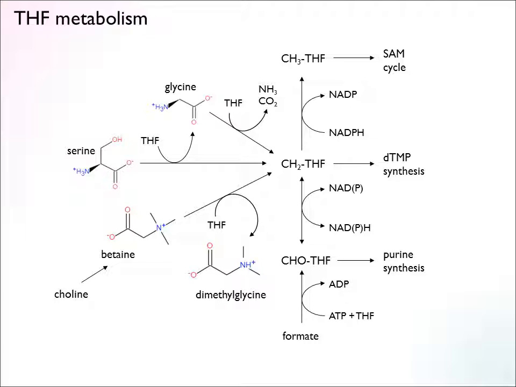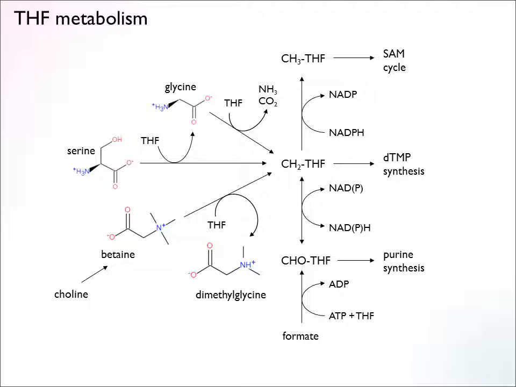As we also said, the folate-bound 1-carbon units are used in nucleotide synthesis. And so the methylene form, CH2 form, is used to make thymidylate, the T base, a special reaction that is using this form of 1-carbon units.